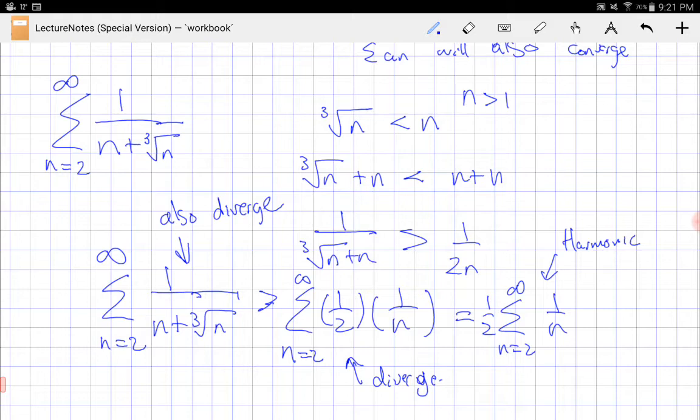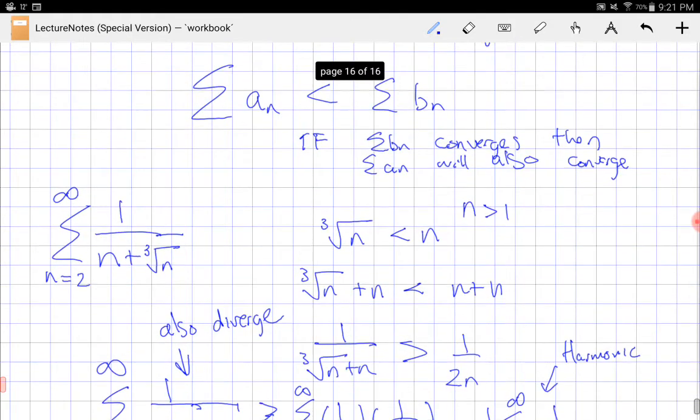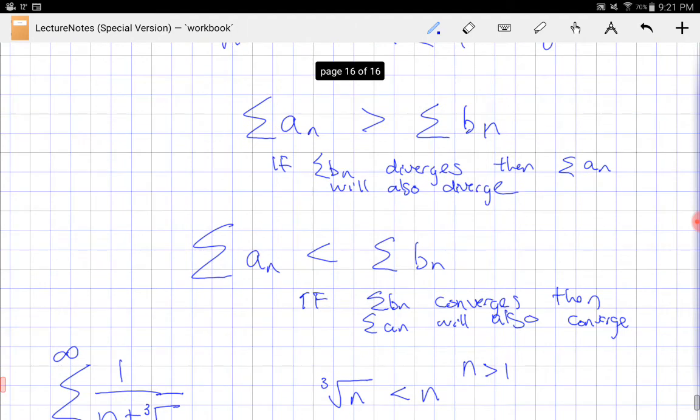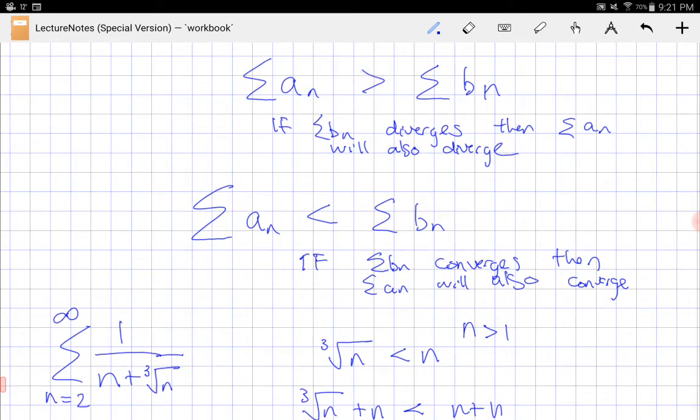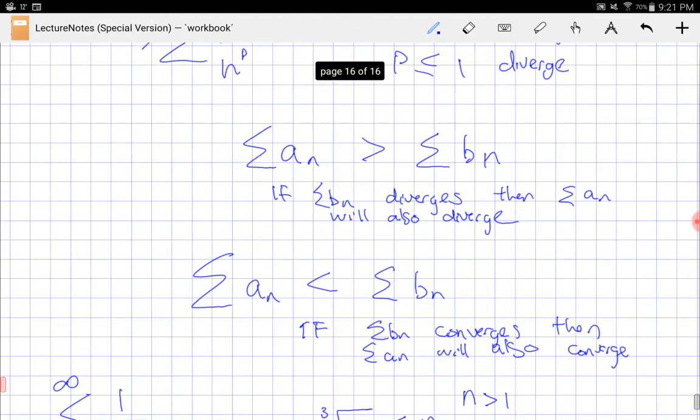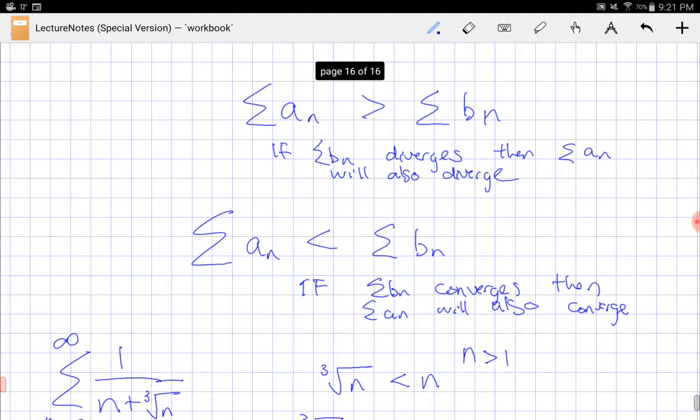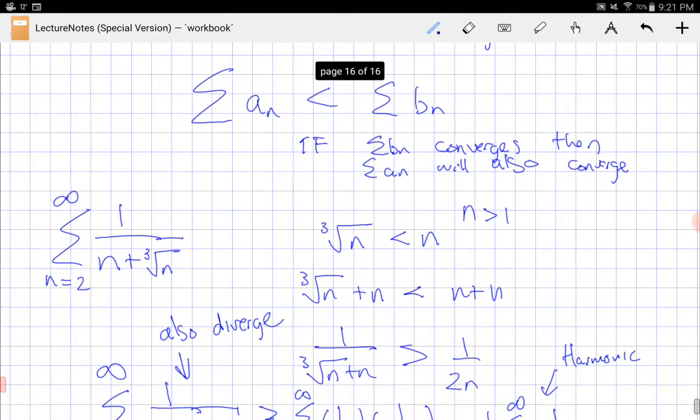So the relatively difficult part of the comparison test is, if the series we're looking at is what we think of as an, picking the bn. For example, how did I know to start with this comparison?